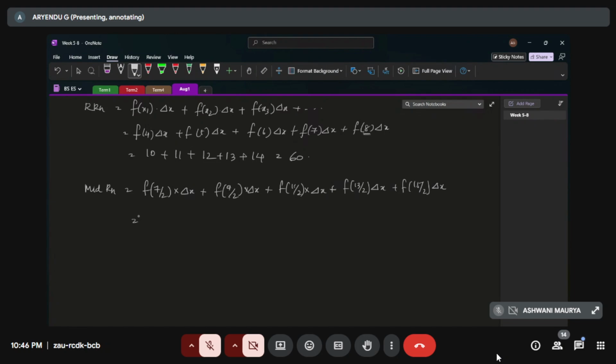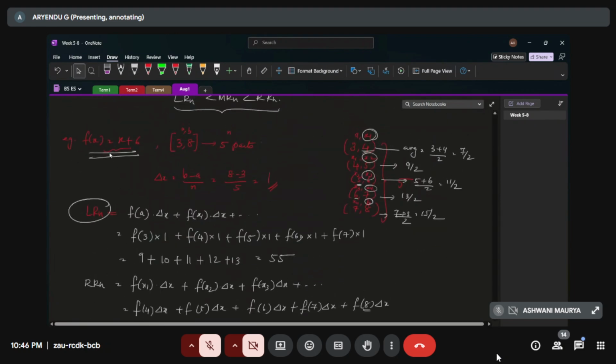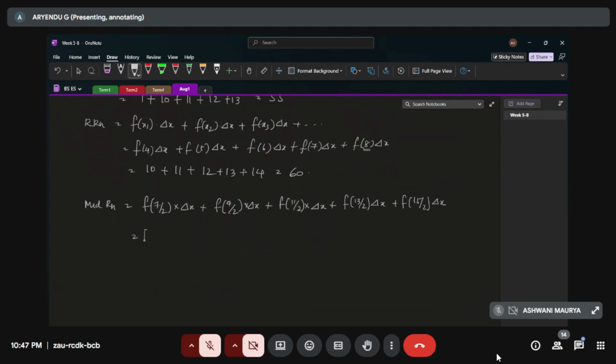So each of these we have to multiply with delta x, which is equal to 1, and put it into this function, which is going to be time taking. 7 by 2 plus 6 plus 9 by 2 plus 6 plus 11 by 2 plus 6 plus 13 by 2 plus 6 plus 15 by 2 plus 6.